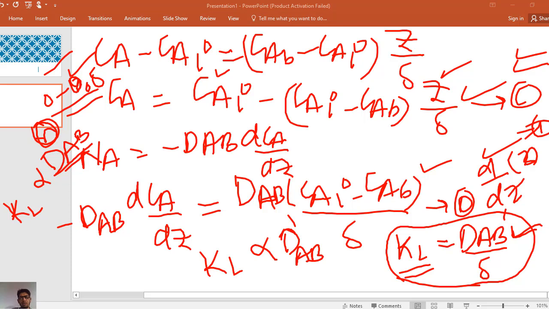So this is a drawback of the film theory, that KL is proportional to diffusivity to the power 1. Another theory will solve this problem. Still, the film theory gives us the main concept about mass transfer, and it is a very important theory. This drawback will be solved in the penetration and surface renewal theory and the boundary layer theory, which will come in the coming lectures.